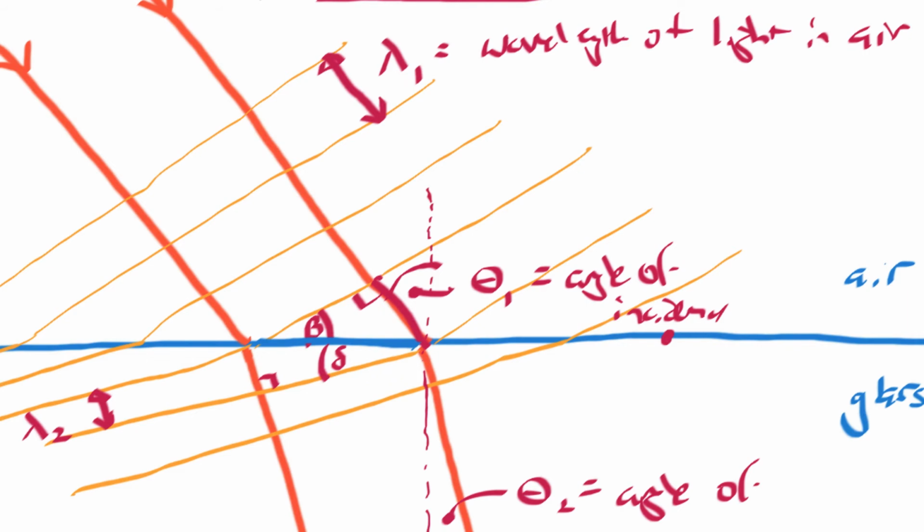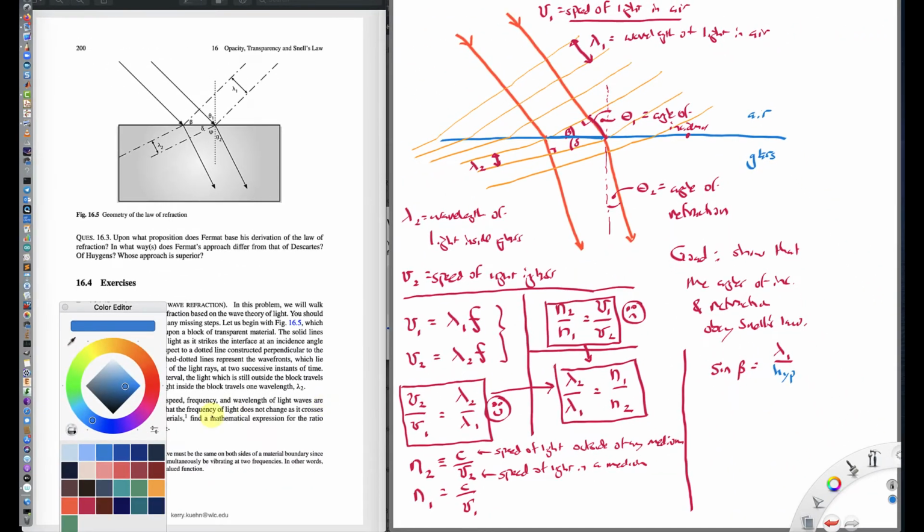So I'll put hypotenuse right here. Also notice that sine of delta, the sine of this angle right in here, is going to be opposite, that's this right here, which is lambda 2, over the hypotenuse, which is also the same blue line right here. Okay?